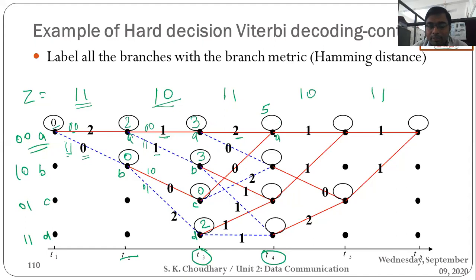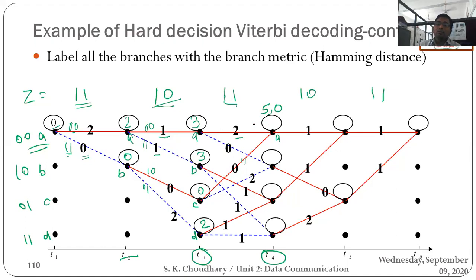Now this A receives another input coming from C. When C receives the input 0, it transfers to A, and when you are at C and receiving the input 0, your output would be 1 1. So 1 1 and 1 1 compare, the Hamming distance is 0 here, so you get 0 plus 0.